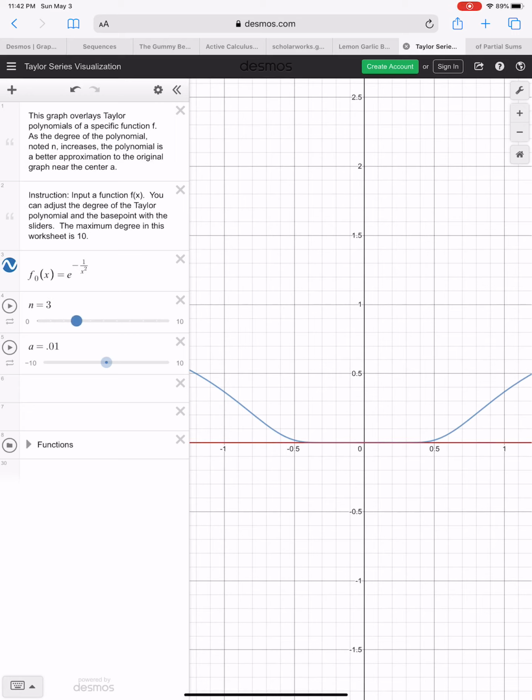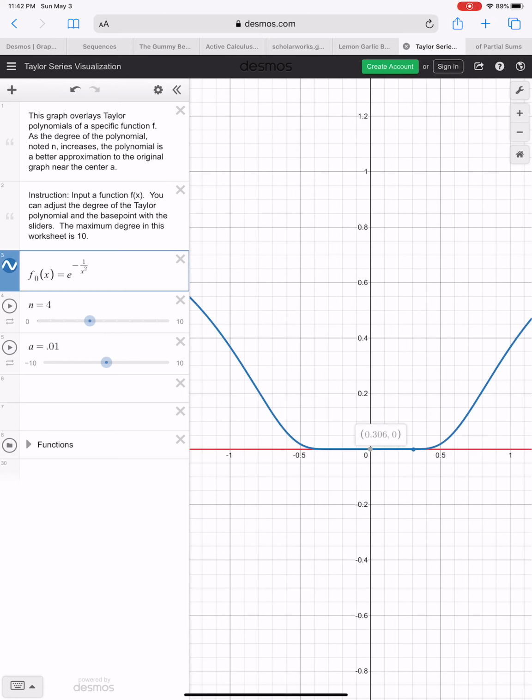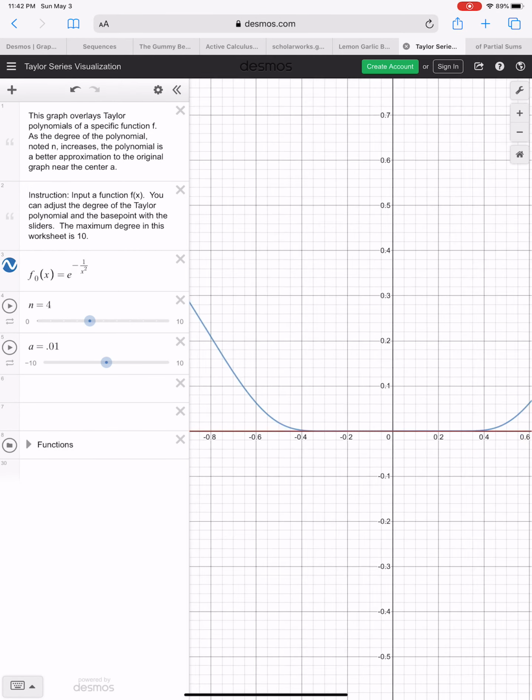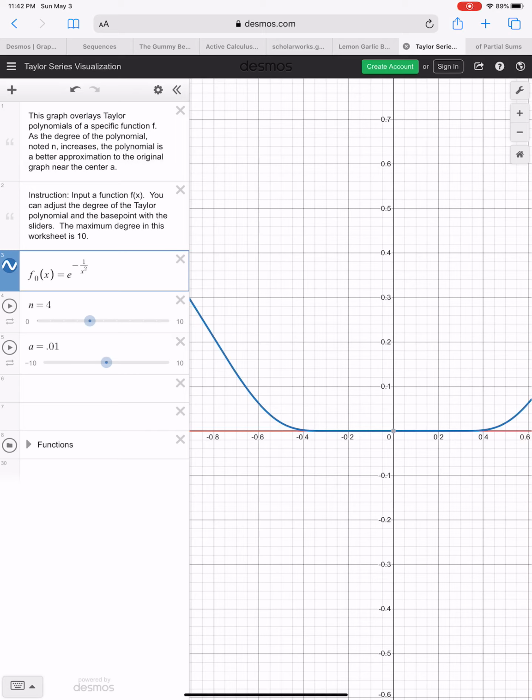But you can see that as I'm increasing the degree, okay, now I run into some problems here past the 4th degree polynomial. You can see that the Taylor polynomials, pardon me, are the 0 polynomial everywhere.